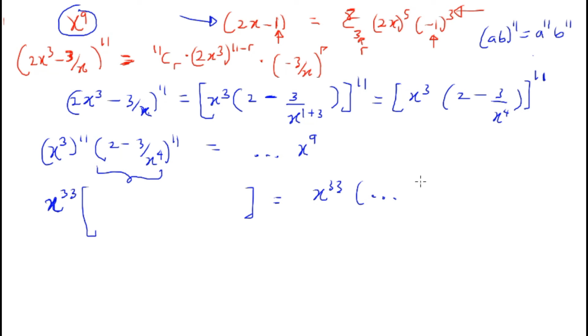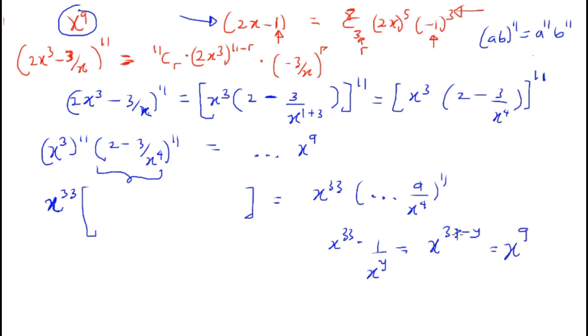Notice that this is a division of x. It's like saying a upon x raised to power 4. So I need a power of x, in which if I multiply x raised to power 33 by x raised to power something, let's say y, it should divide it. It should give me x raised to power 33 minus y, in such a way that I will have x raised to power 9.